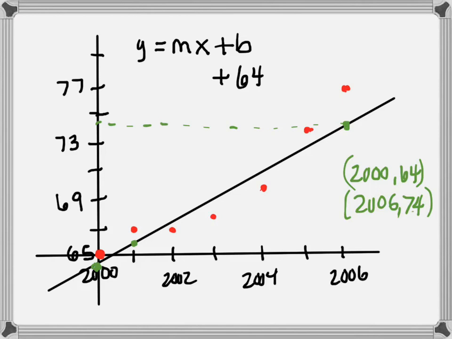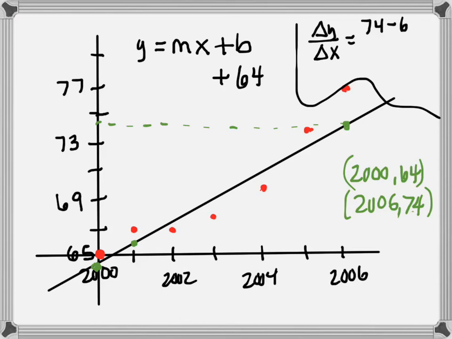Okay. So how do you find slope? Do you remember the formula for finding slope? It's rise over run. So it's the change in y over the change in x. So my y values are the heights. So that's the 74. So I'll do 74 minus 64. And the run is 2006 minus 2000.